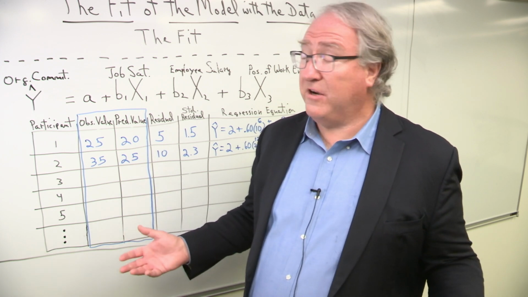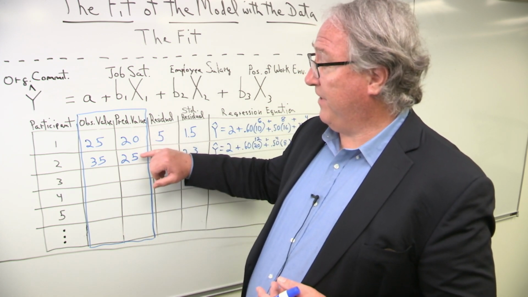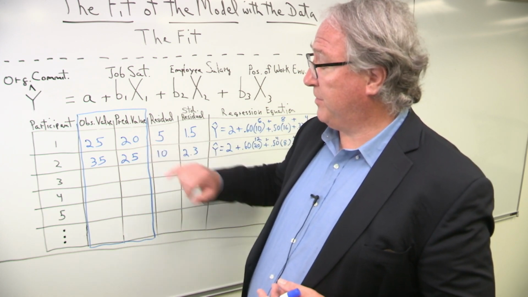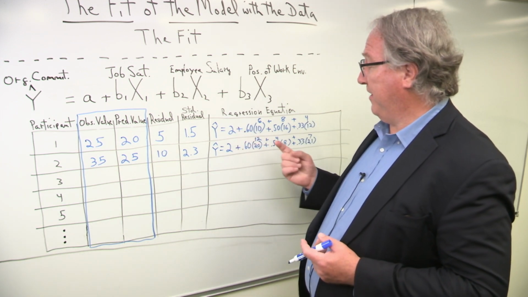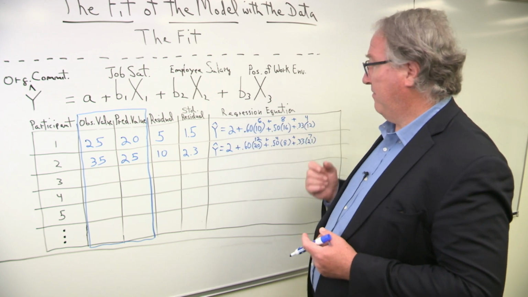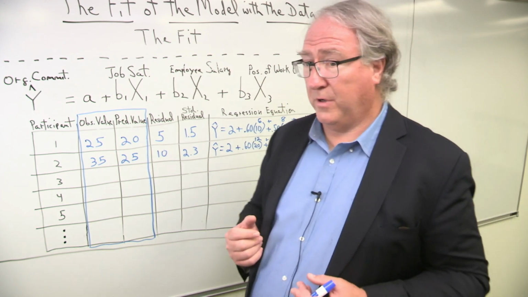That is not giving you the variance in the predicted value between participant 1 and participant 2 because those values do not vary from participant 1 to participant 2.